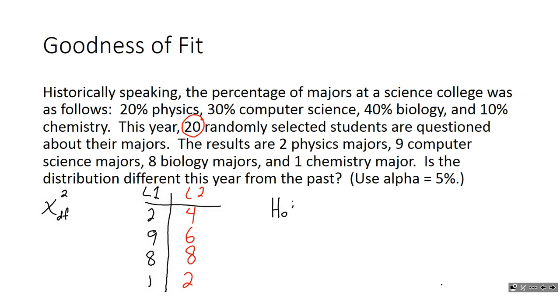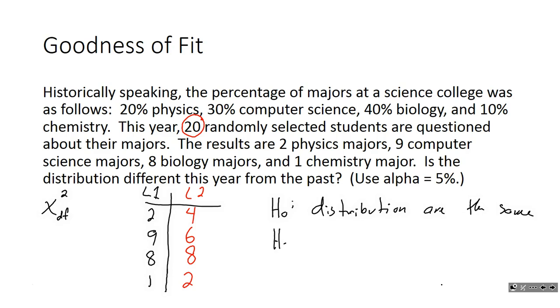Okay, before I pull up the calculator, I just want to do one more thing. When you're doing a goodness of fit test, the null hypothesis is always that the distributions are the same. You could also write that as, in other words, the distributions are equal to each other. So no real change.